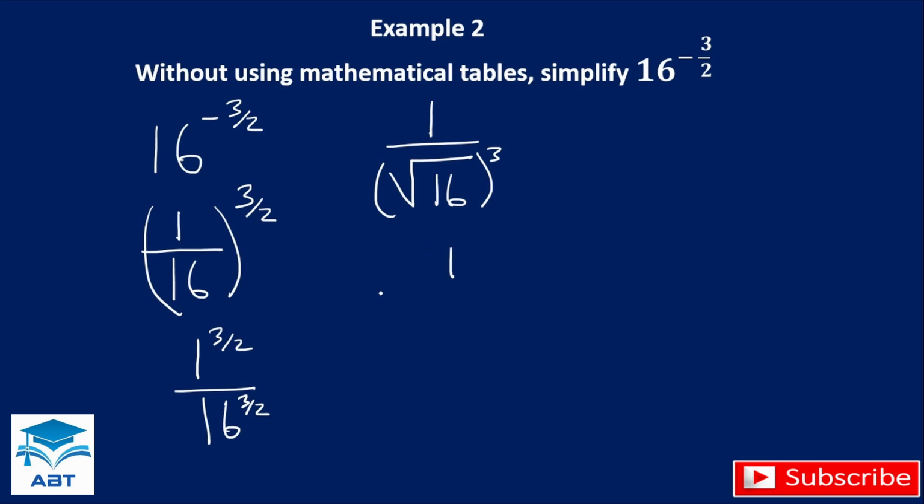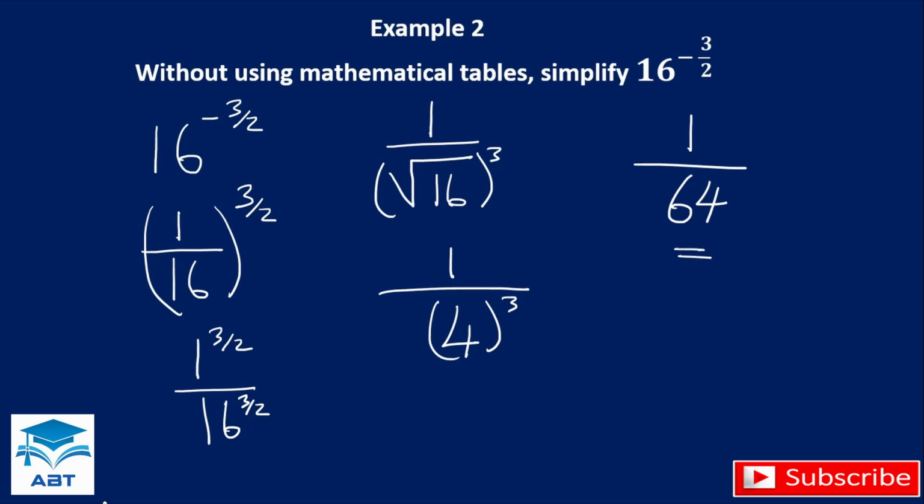So we have 1 over the square root of 16, which is 4. We have an exponent of 3. And 4 multiplying itself 3 times will give us 64. This is the answer.